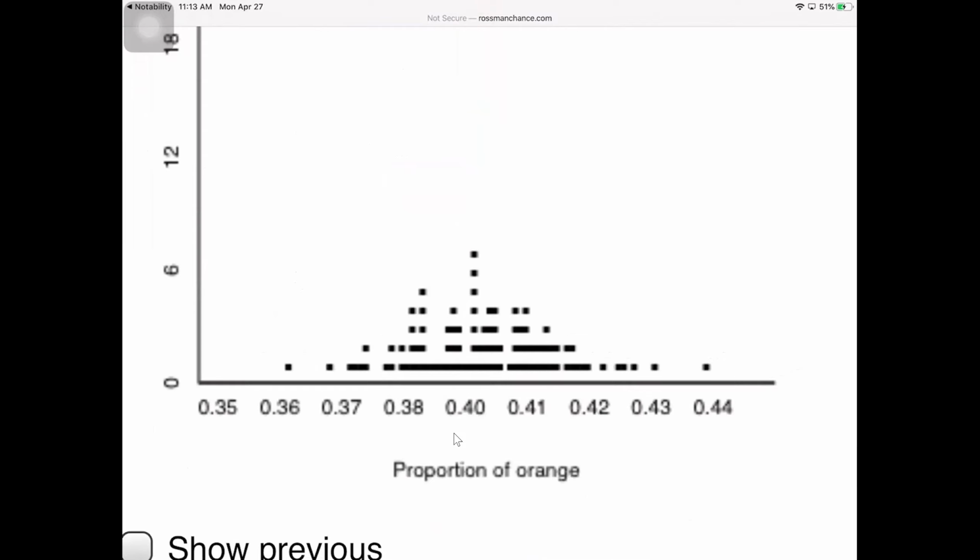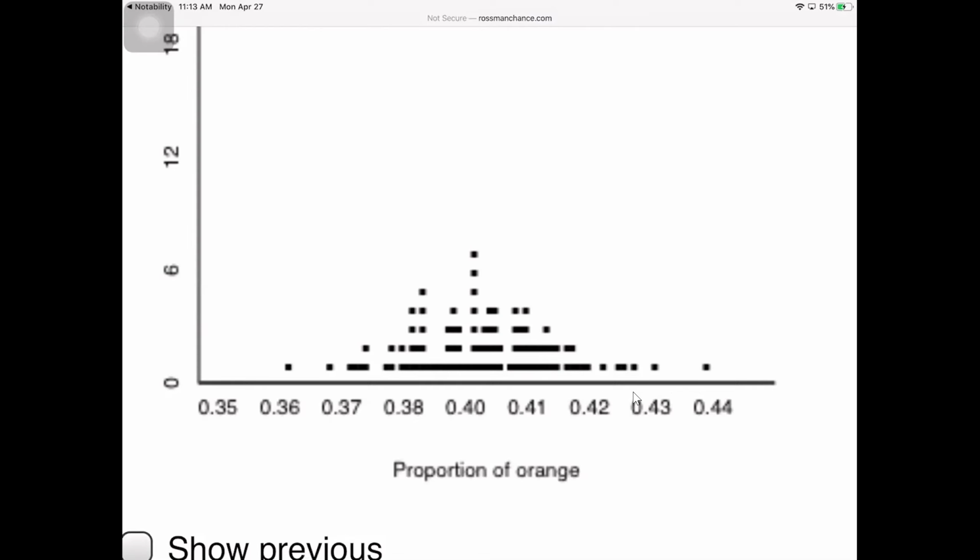But look at what happened as I increased the sample size from 100 to 1,000: we got a narrower spread. The lowest value that we get is 0.36, and the highest value from this distribution is 0.44. So that's showing you how a bigger sample size can give you a more accurate reading.